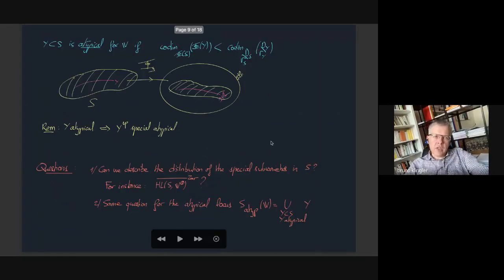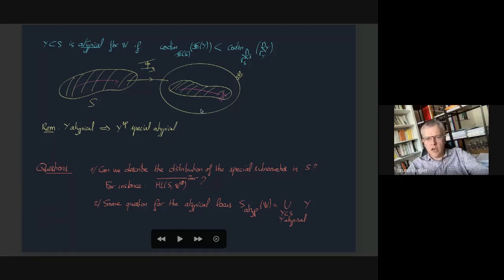So I will say that a special subvariety Y in S is atypical if this intersection problem is not typical, which means that when I try to intersect the image of S with Dy mod gamma y, this intersection is not transverse.